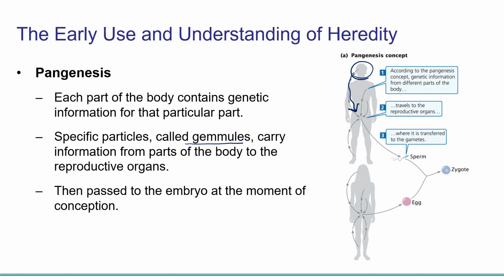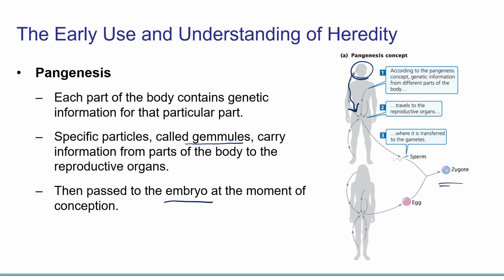The particle that carries the information is called the gemmule, and that gemmule provides information to the embryo at conception. So let's say information comes from the brain, it's passed via a gemmule to the reproductive organs, either the sperm in the male or the egg in the female, and then that information through the sperm and the egg is passed on to the zygote.